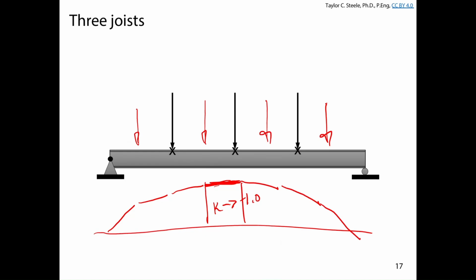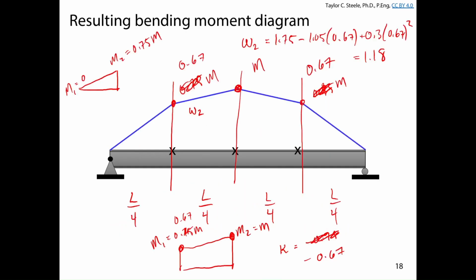What I'm trying to communicate is that for the design of girders in simple frame buildings, it's conservative and not unduly conservative to take omega 2 equal to 1. Even in this case where we have 3 point loads, omega 2 is equal to 1.18, which doesn't do too much for us. As we add more joists, omega 2 gets smaller and smaller.